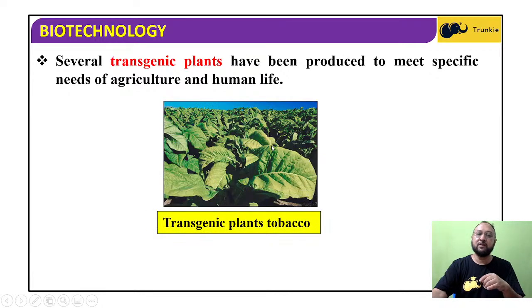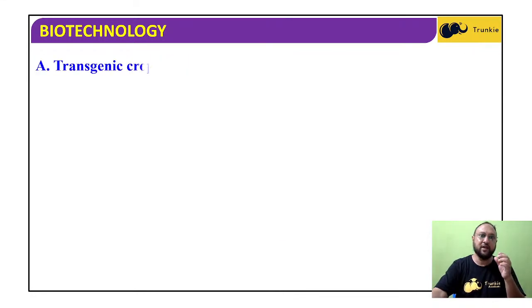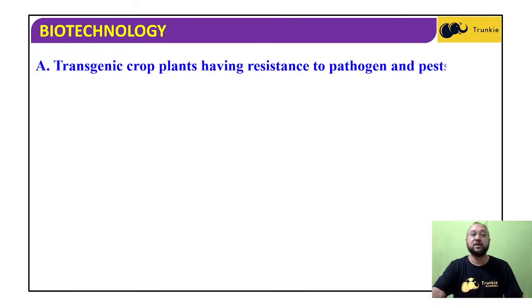Several transgenic plants have been produced to meet specific needs of agriculture and human life, and this is a new revolution in the production of important plants. Tobacco is one of the most common examples of a transgenic plant. Transgenic crop plants are resistant to pathogens and pests.